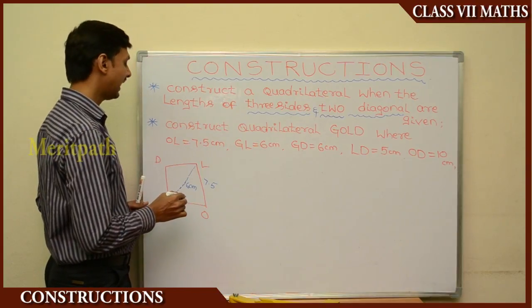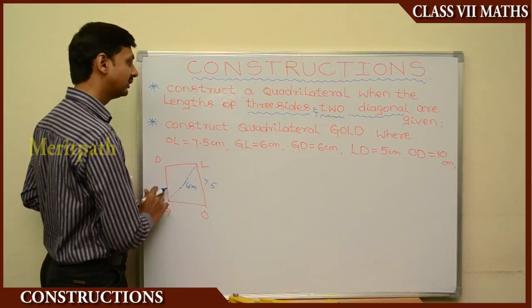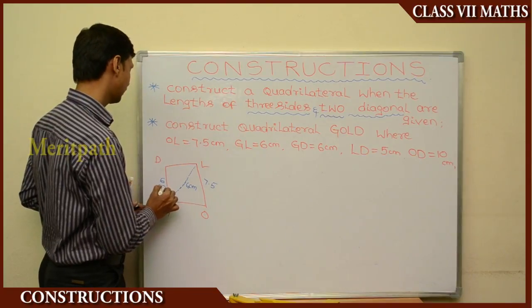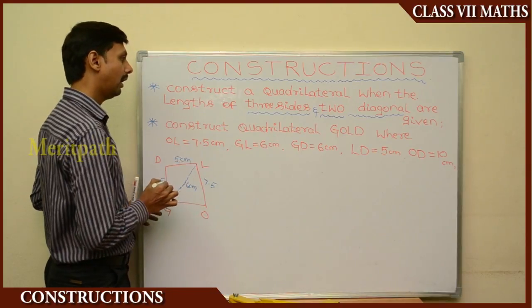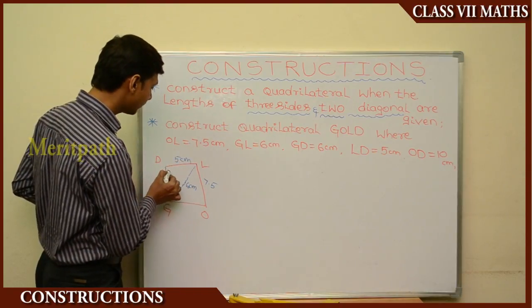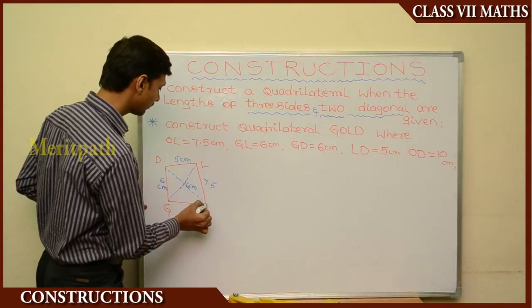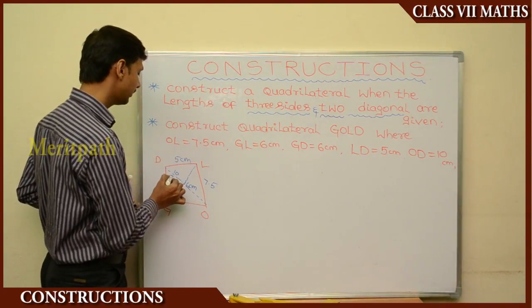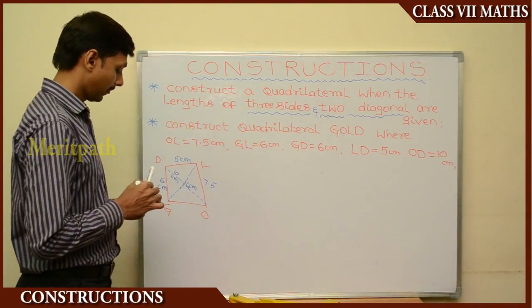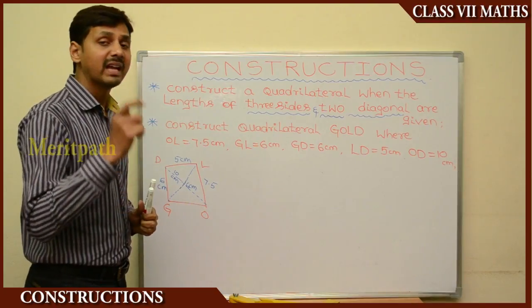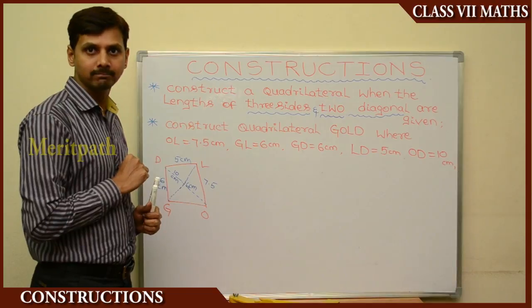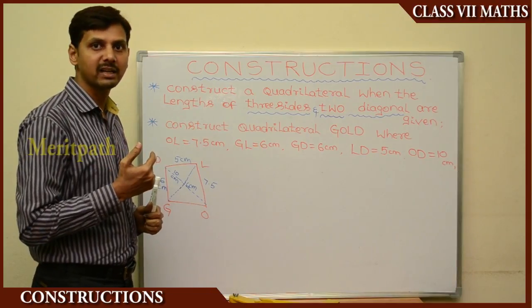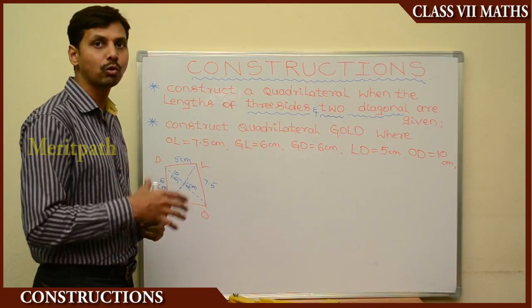GL is 6 centimeters and GD is 6 centimeters and LD is 5 centimeters and OD is 10 centimeters. So here we have 2 diagonals and the 3 sides given. We need to find out this quadrilateral GOLD.